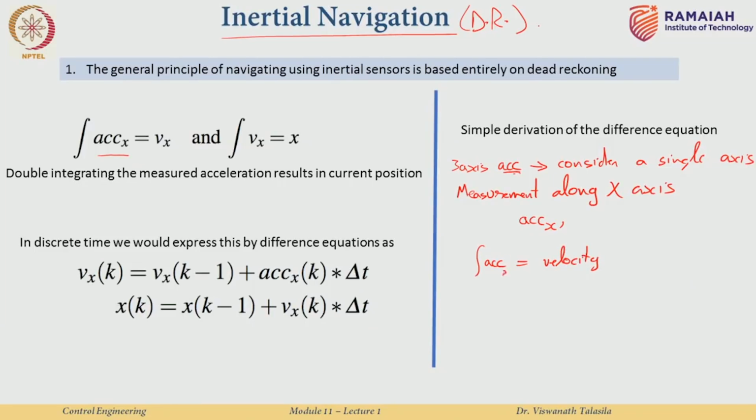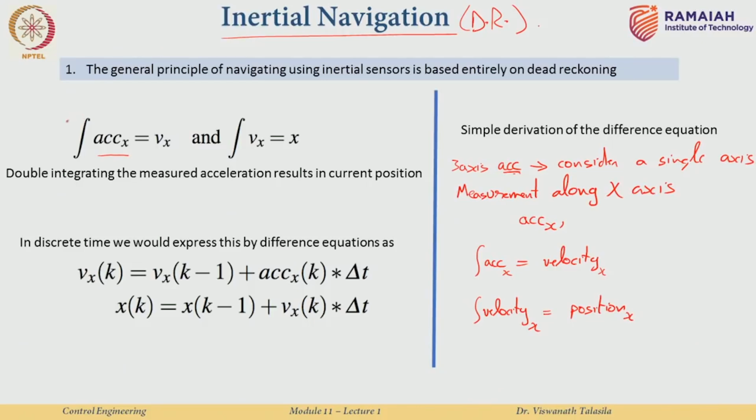So, obviously, if you are integrating along the x axis, the velocity which you compute will also be along the x axis. Again, from basic physics, we know that the integration of velocity is nothing but position, all right, the position of the object. And as before, if you are integrating along x, the position computed will also be along x.